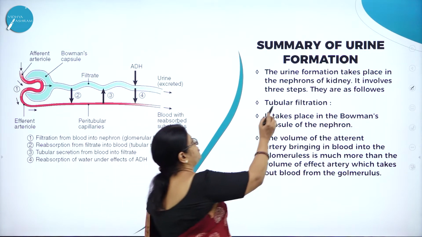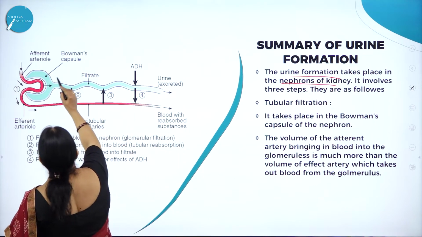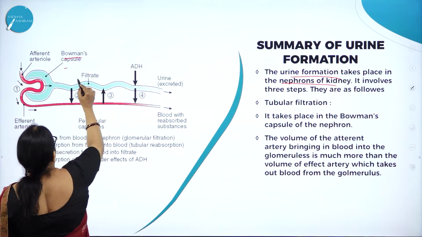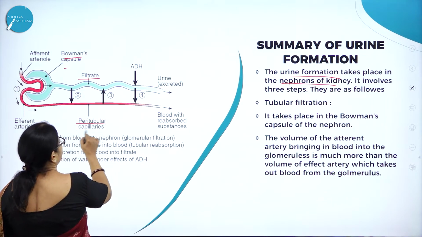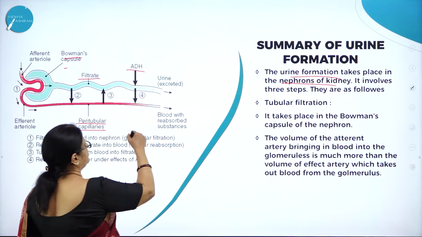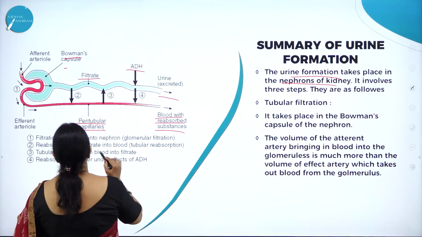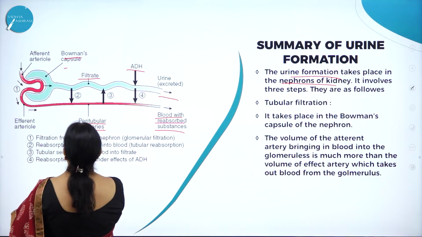The urine formation takes place in the nephrons of the kidney, as we have already studied. Here you can see the Bowman's capsule filtrate passes through the peritubular capillaries, then ADH will regulate the water content in the urine, then the urine is excreted. So, blood with reabsorbed substances. Here you can see point number 1 is what?